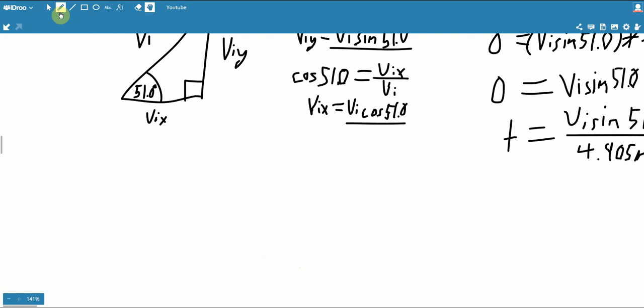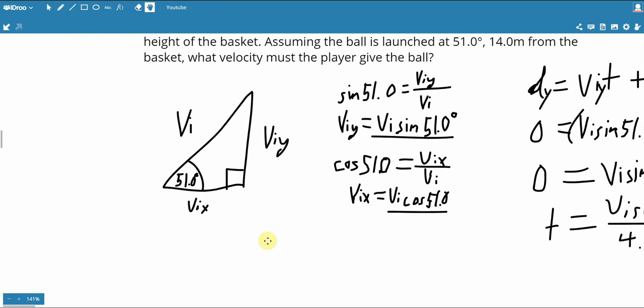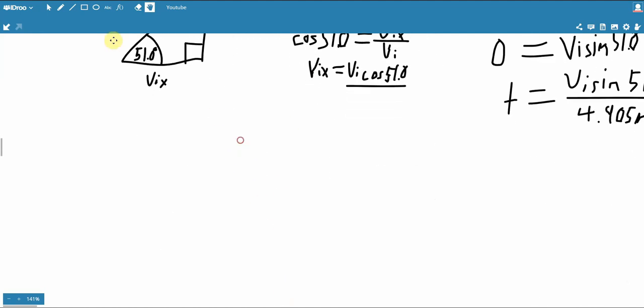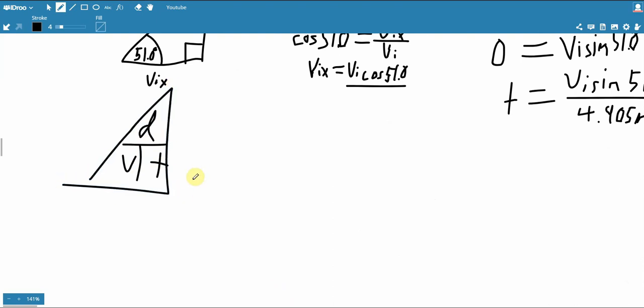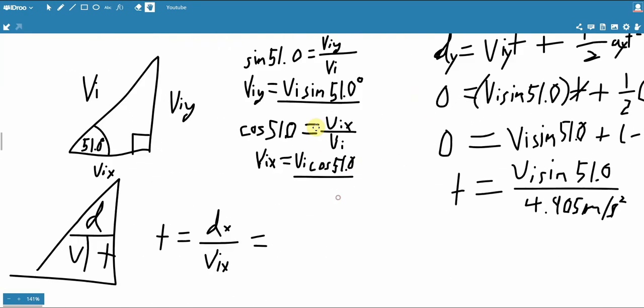Okay, so now solving for the VI using VIX, when we're doing the x component, we just use the triangle dvt, and then just take one variable and solve using the others. So we're looking for t in this case. t equals d over v, dx over VIX. dx, that's given to us, 14.0 meters.